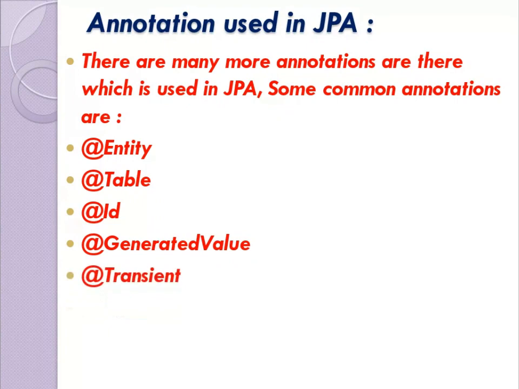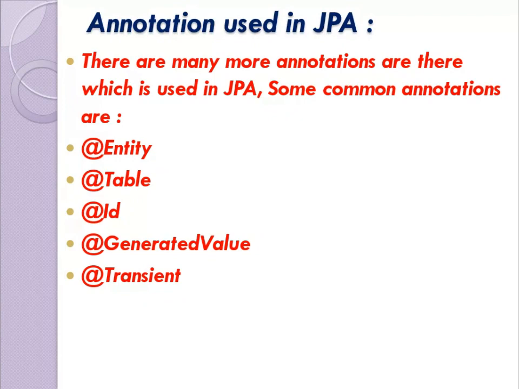This is a very important annotation. Basically it is asked in interviews, what is the @Transient annotation? The Transient annotation is used when, suppose in our entity class there are 10 fields, 10 attributes, but the database table should contain only 7 or 8 fields.